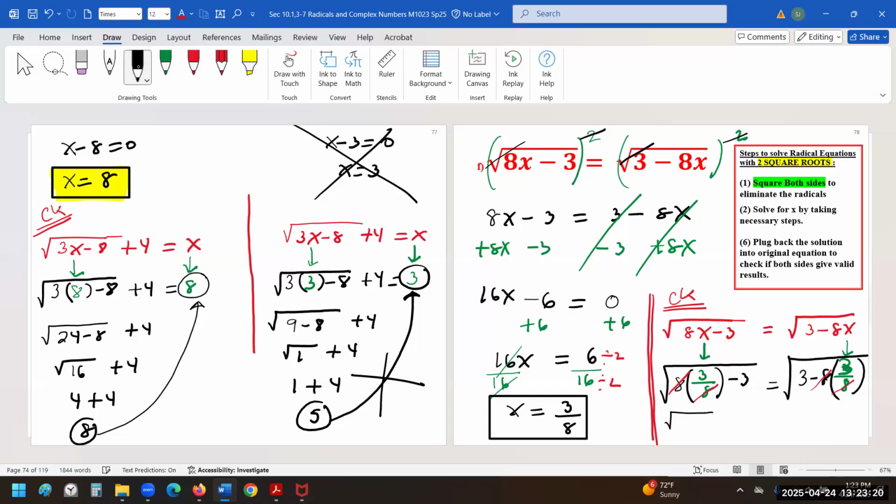So what do we have? 3 minus 3. And on the right side? 3 minus 3. We don't have to go any further if you see the exact same things. Do you have the exact same things on both sides? Yeah.